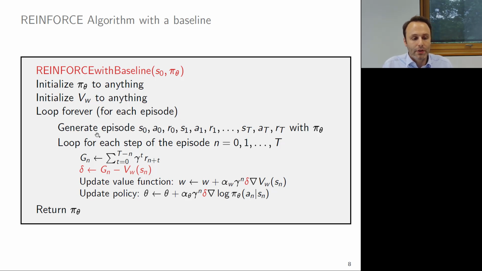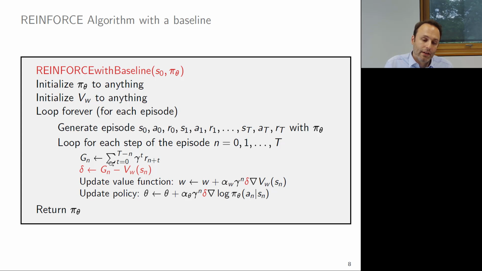And then we loop for each of the steps in the episode the following. We calculate the Monte Carlo estimate, so the sum of the discounted rewards. And we take this Monte Carlo estimate, not by itself, but we subtract our estimate of the value function from it, and that's then called delta.